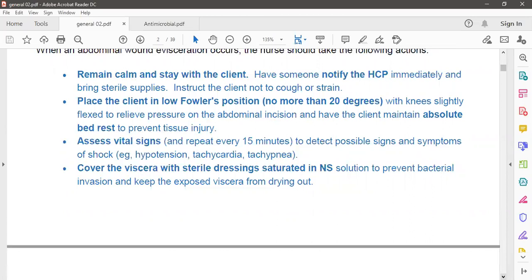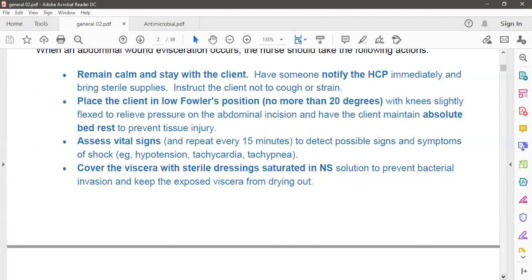What are the signs and symptoms of shock? The patient develops hypotension, and when the blood pressure drops, the pulse goes up. So when you see hypotension, the patient may develop tachycardia or tachypnea.